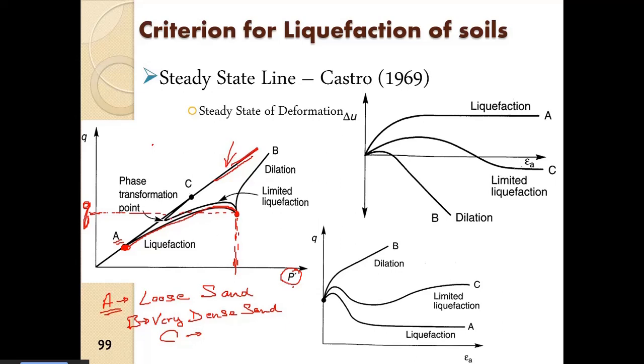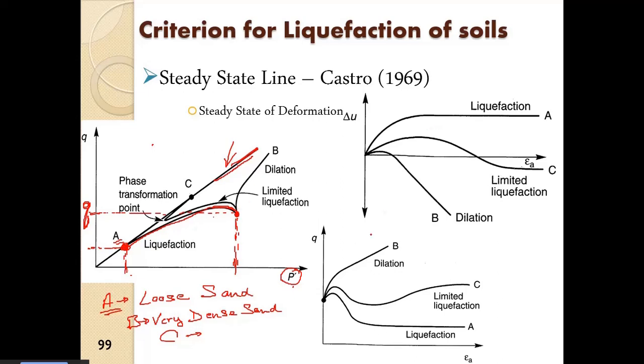He observed that there is a constant deformation at this point A. This amount of deviatoric stress is there, and this amount of confinement is there, and this particular loose sand moved from this point through the development of pore water pressure. When there was an increase in pore water pressure, there was a decrease in the effective stress, and therefore the soil started to deform, and ultimately there was a constant deformation at this point.